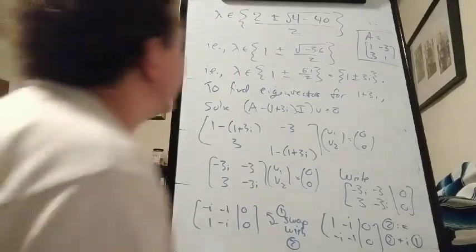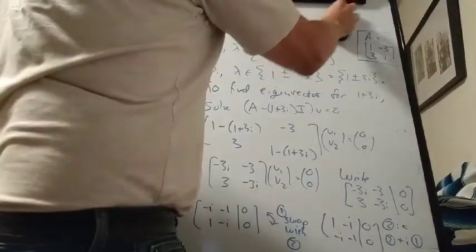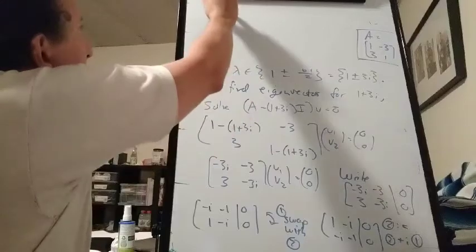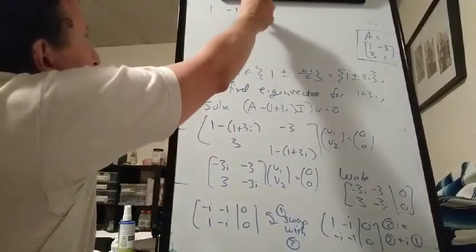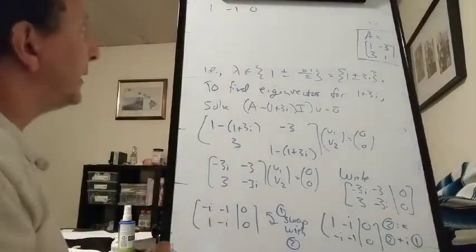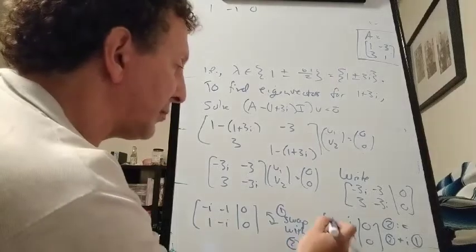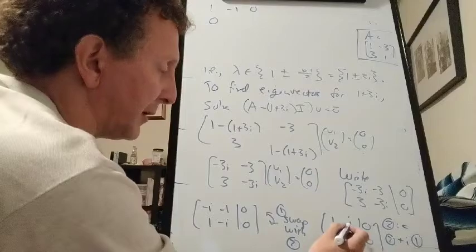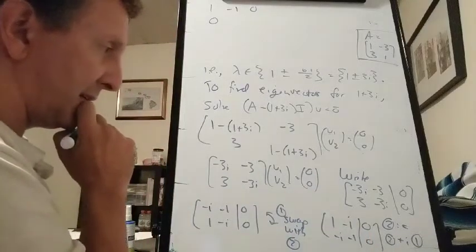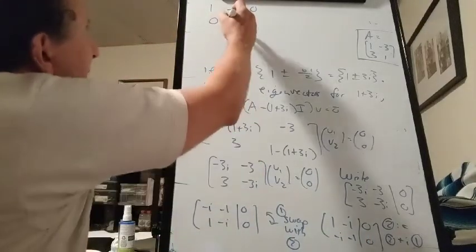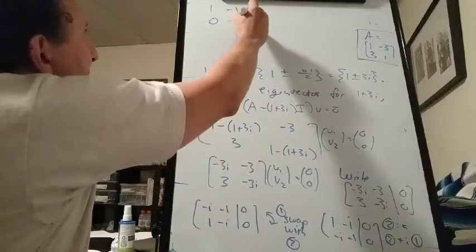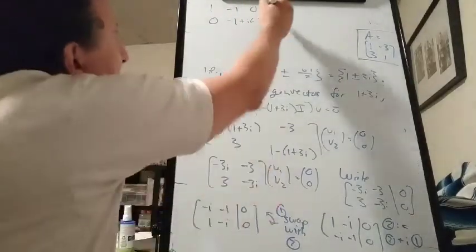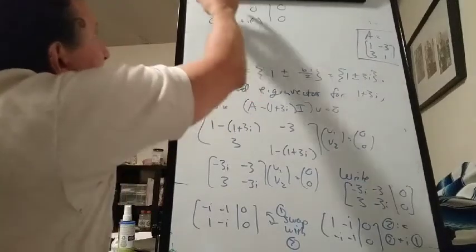So then we get row 1 is still 1, negative i, 0. Row 2 becomes negative i plus i is 0. Negative 1 plus i times negative i. 0, 0.